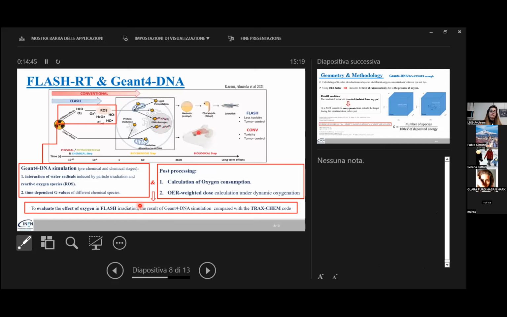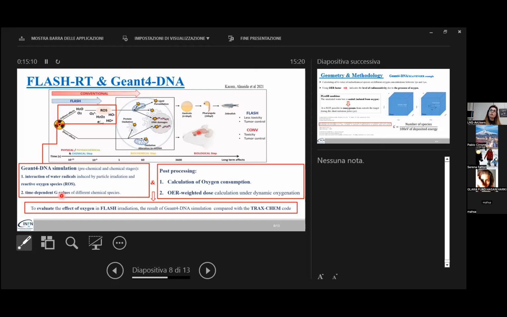As I said in the beginning, we focus on the chemical stage in our simulations. It means in this simulation, at first, we calculated time-dependent G values of different chemical species, especially oxygen-related species. What is G value?